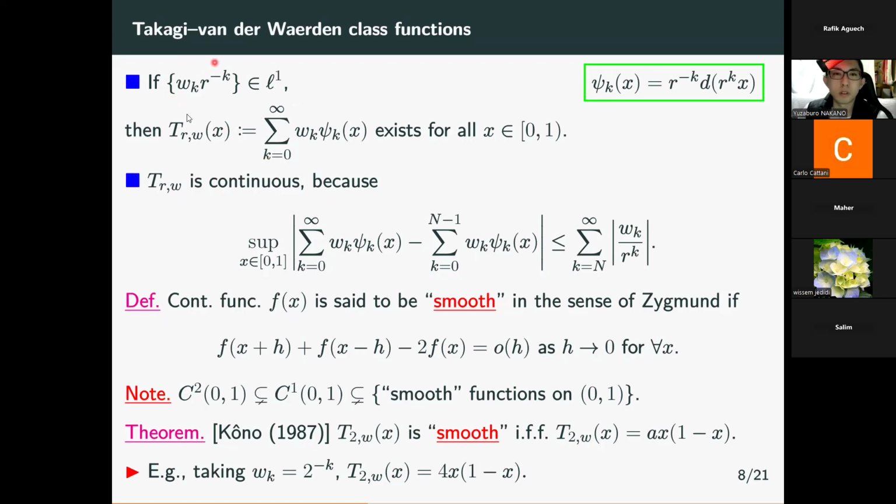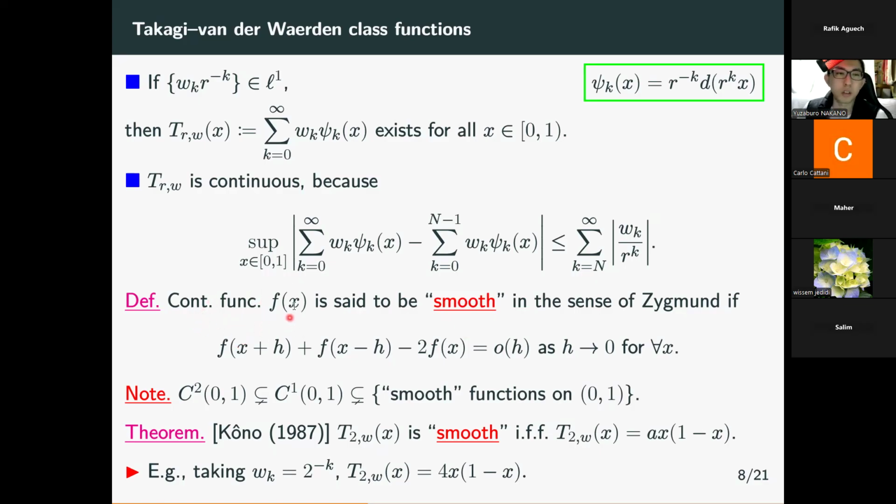Looking at these conditions, we can find T^r_W is continuous. But depending on the weight Wk, the differential property of T^r_W differs.